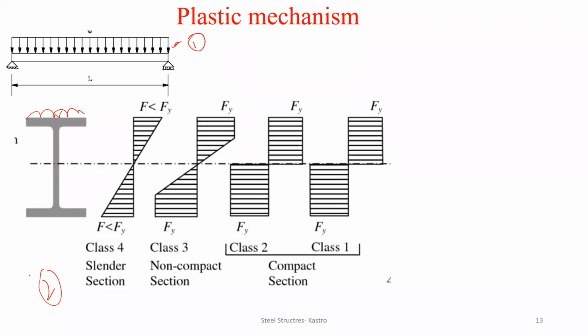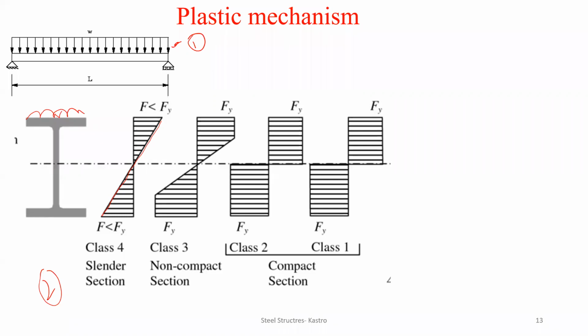Now what happens here? Within the elastic limit, stress is directly proportional to strain. That means the stress is linear. As the load is gradually increased, remember very carefully, the stresses will also increase till the extreme fiber is subjected to yield stress.